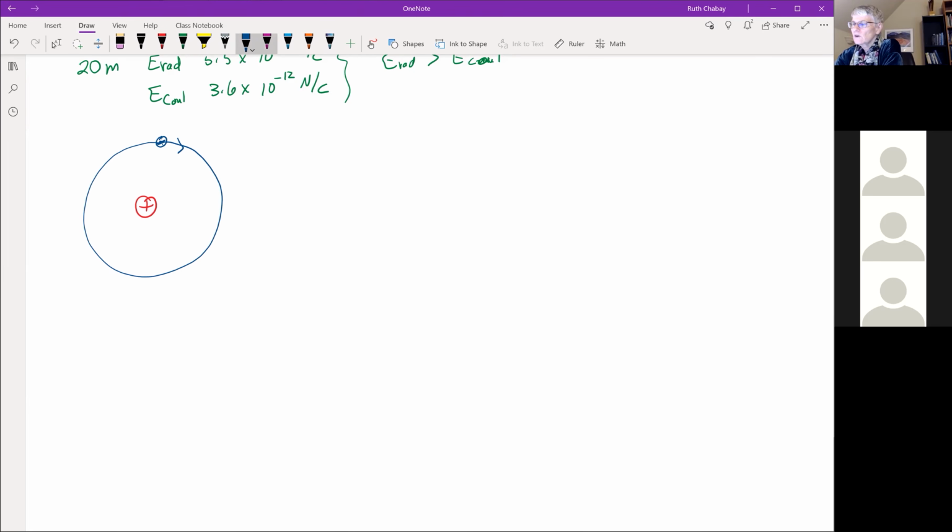So we have a dp/dt perpendicular here at any point in the orbit.